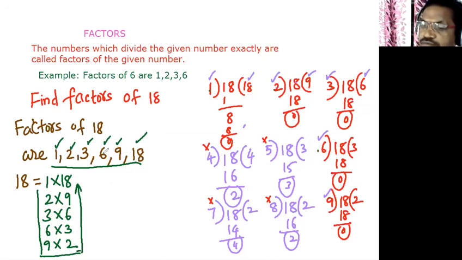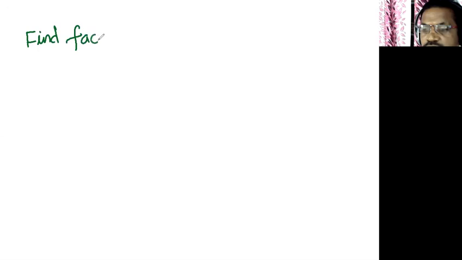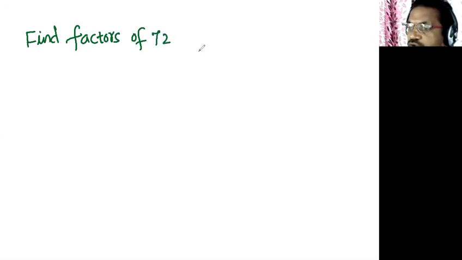Now, let us take another example. Find factors of 72. Now let us divide 72 by the numbers 1 to 9.